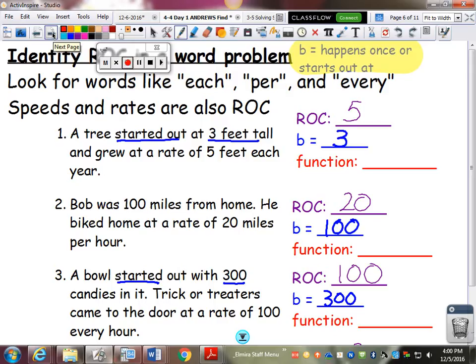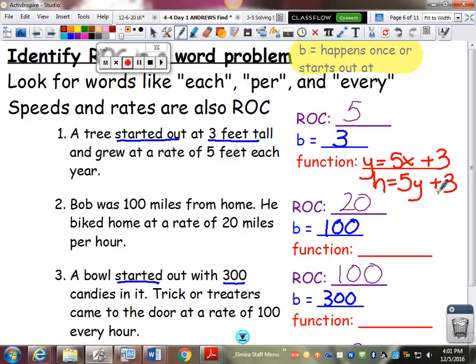Okay, our word problem. Again, it's perfectly fine for you to write y equals 5x plus 3. But if you wanted to write it in terms of the problem, you could say that the height of the tree equals 5y for years plus 3.